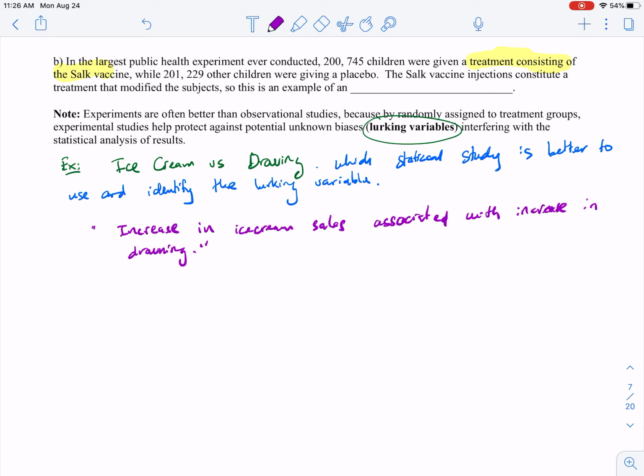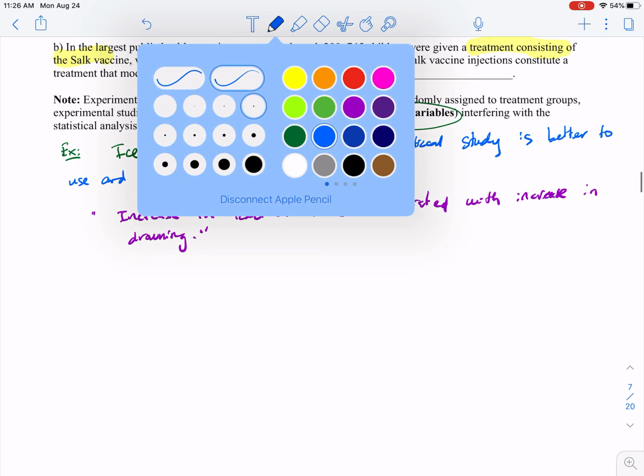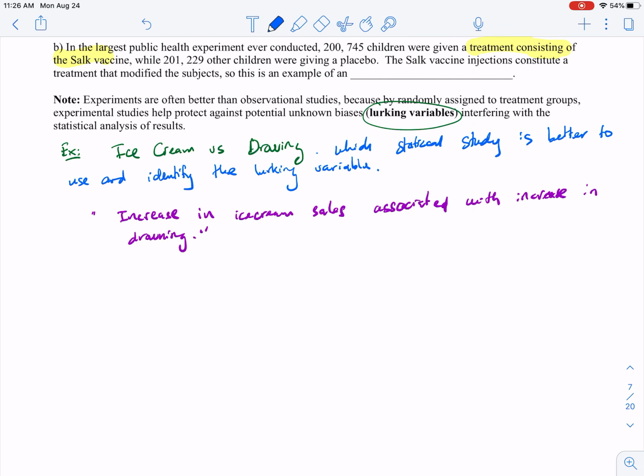Which method is better to use? In this case, you can pause the video and think about it. Does an increase in ice cream sales really cause the drowning victims?